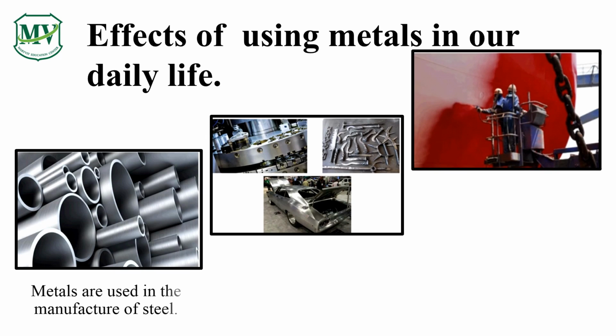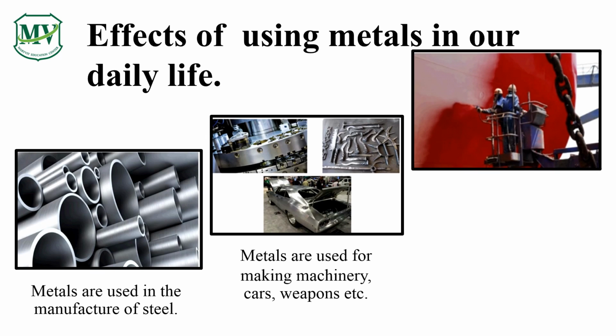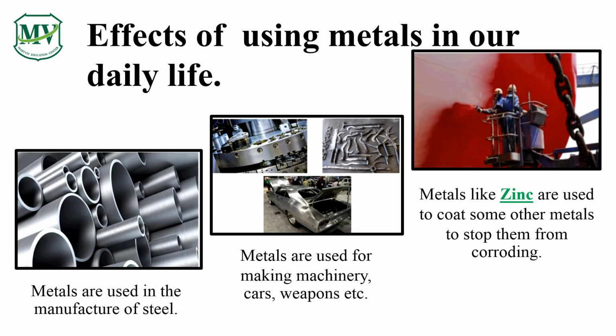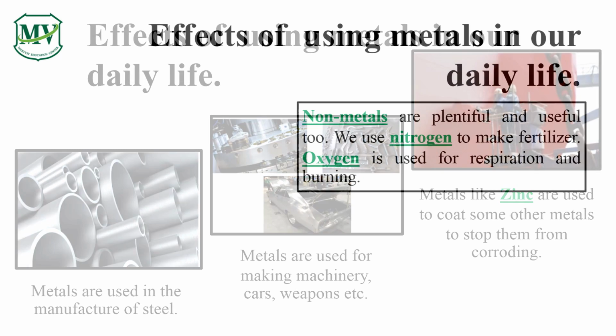Metals are also used to make machineries, cars, and weapons. Now, how can we stop metals from corroding? Perfect! Zinc is used as a protective coat for some other metals to stop them from corroding. Example: ships are coated with oxide of zinc to prevent corrosion from the salty seawater.